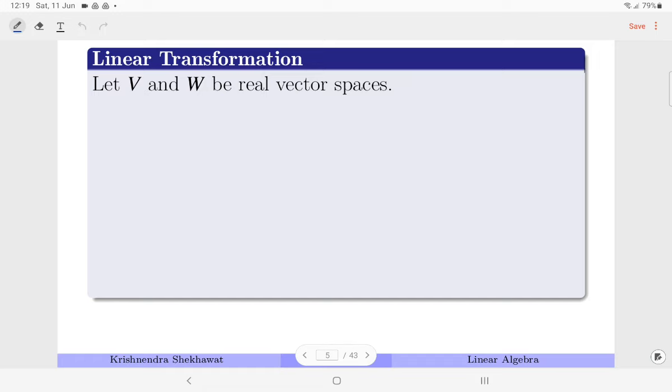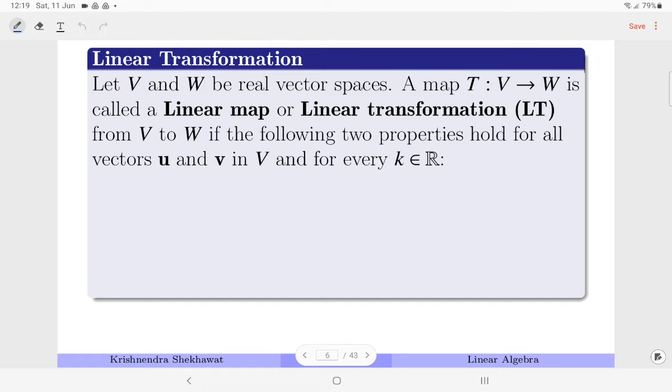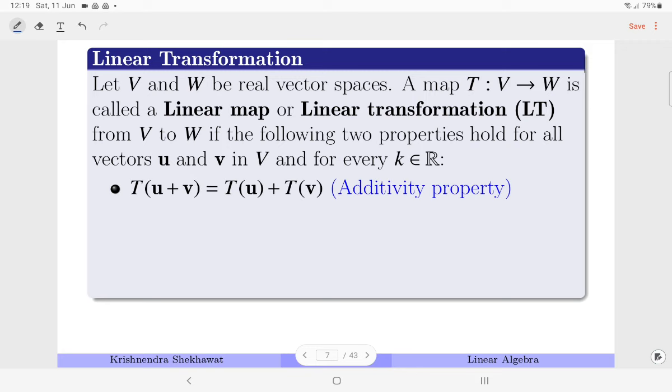So we say that let V and W be vector spaces, then a map from V to W is a linear map or a linear transformation if it satisfies the following two properties. Recall that here addition means vector addition.